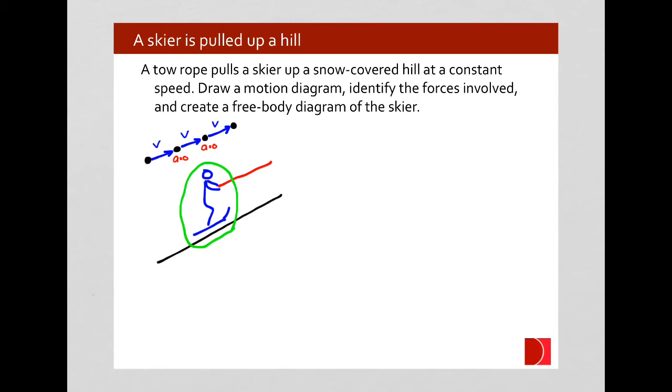So we have a rope that the skier is holding onto. That rope could carry a tension. The skier is standing on a surface. That surface could have a friction. Snow is pretty slippery, but it's not that slippery, and so you're likely to have some friction there.